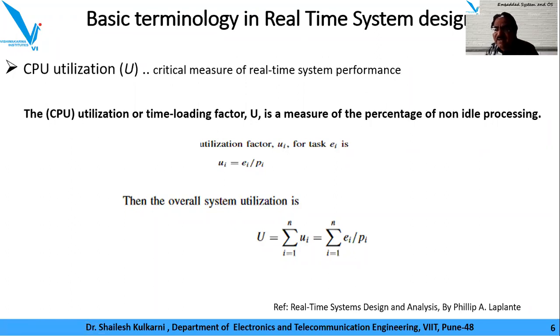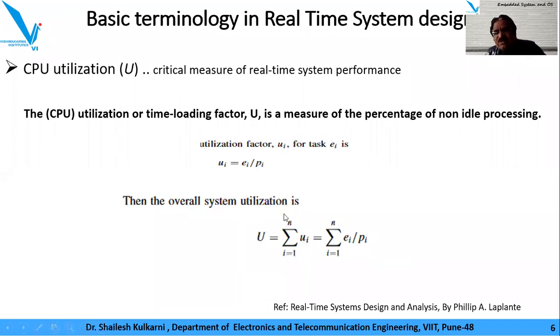That is referred to as the CPU utilization factor for this particular task i. Now with this notion, if I have n number of tasks in my system, then the accumulation of the CPU utilization of each individual task within those n tasks is the overall system utilization.